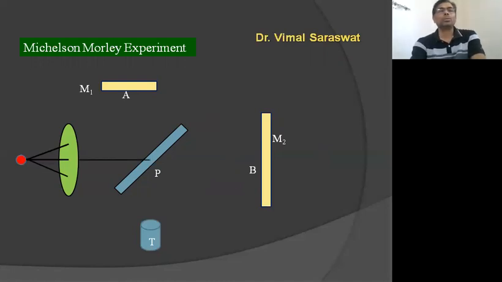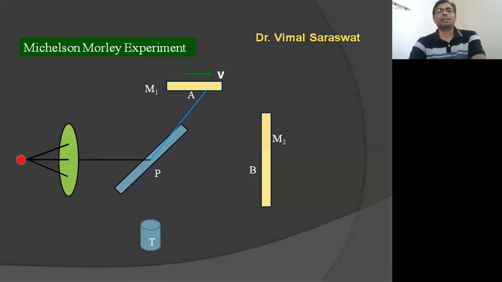So mirror M1 moves in this direction. So the reflected ray, which earlier moved in this direction, cannot be reflected from here because the position of the mirror is shifted from here to here. So the path of the light ray will be in this direction.